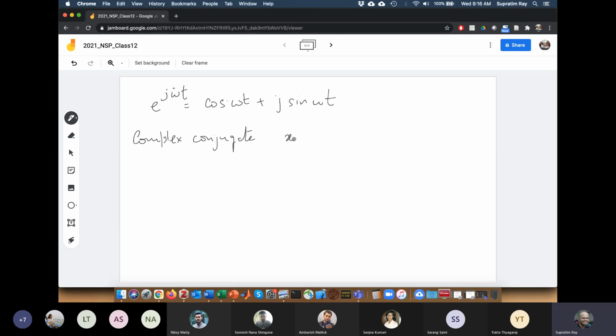So if you've got a complex signal x, which can be written as A e to the power j theta, then its conjugate is A e to the power minus j theta. So this is the amplitude and the phase.